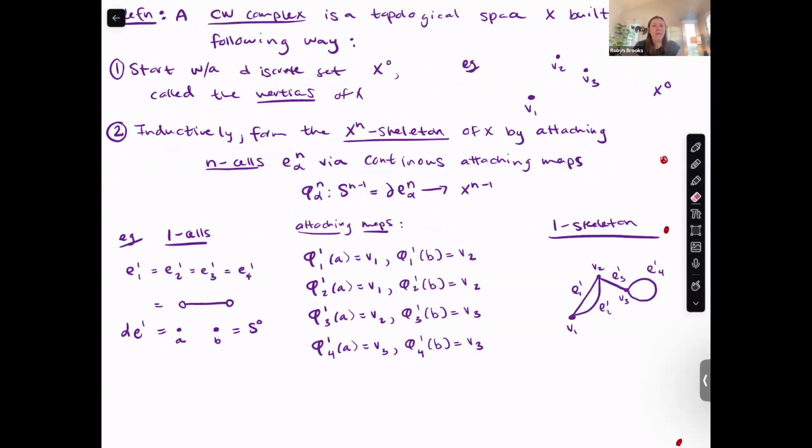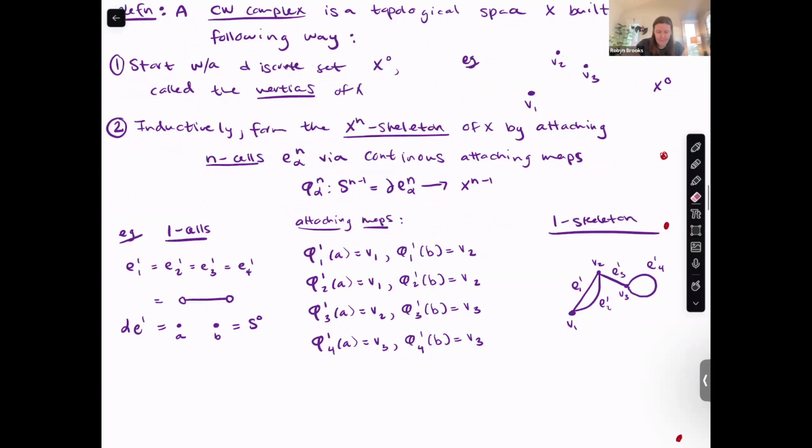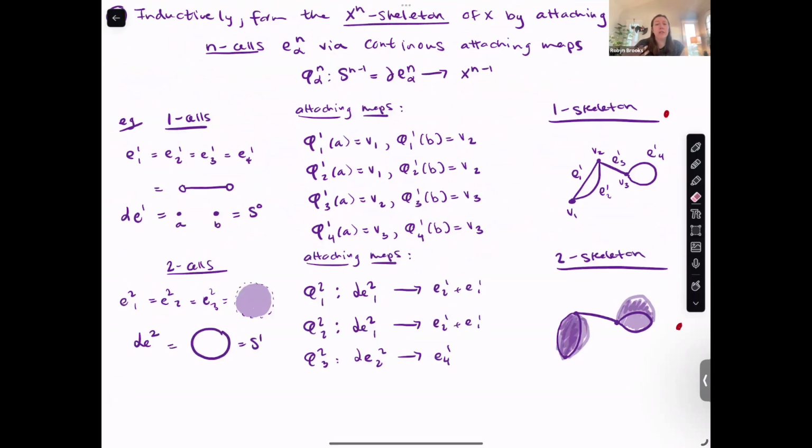So, for example, a one-cell is an open interval and its boundary is S0, the zero-dimensional sphere. So we are going to attach one-cells to the zero skeleton by identifying which vertices will bound each one-cell, and we get a one skeleton. We're going to iterate, so we do this again.